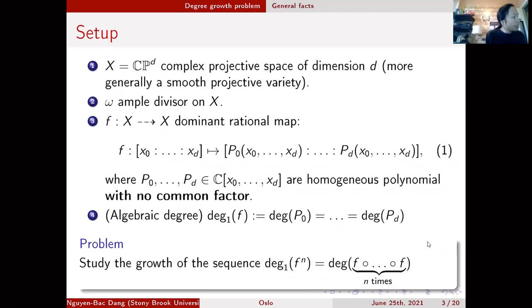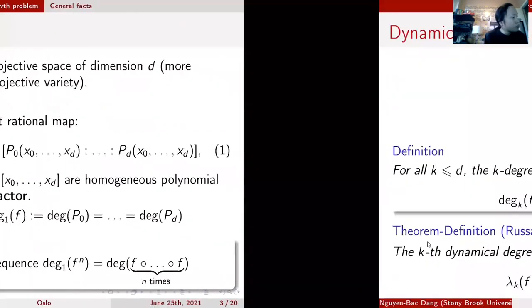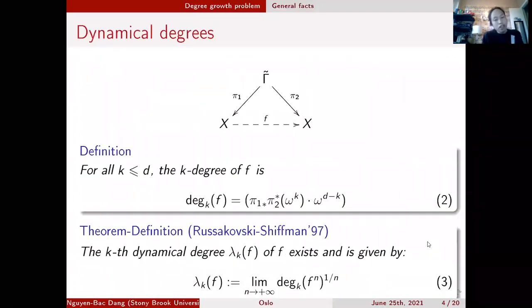Okay. So as I said, the algebraic degree can be interpreted geometrically as the degree of the preimage of a generic hyperplane. Let me go further and go more geometrically. You can look at the degree of the preimage of a codimension k hypersurface. So how does it work? Well, you take a codimension k hypersurface.